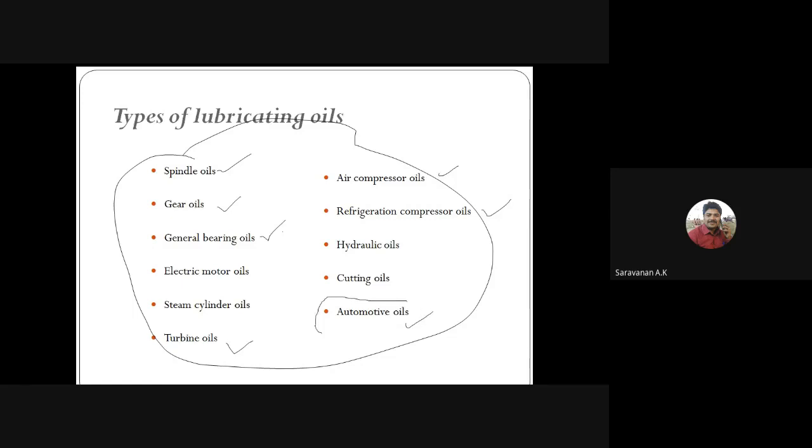In automotive oils, five characteristics of the lubricant are very important: pour point, flash point, viscosity, viscosity index and density of the lubricant. Depending upon the application and the requirement, we have to use different types of lubricating oils for the specified conditions.